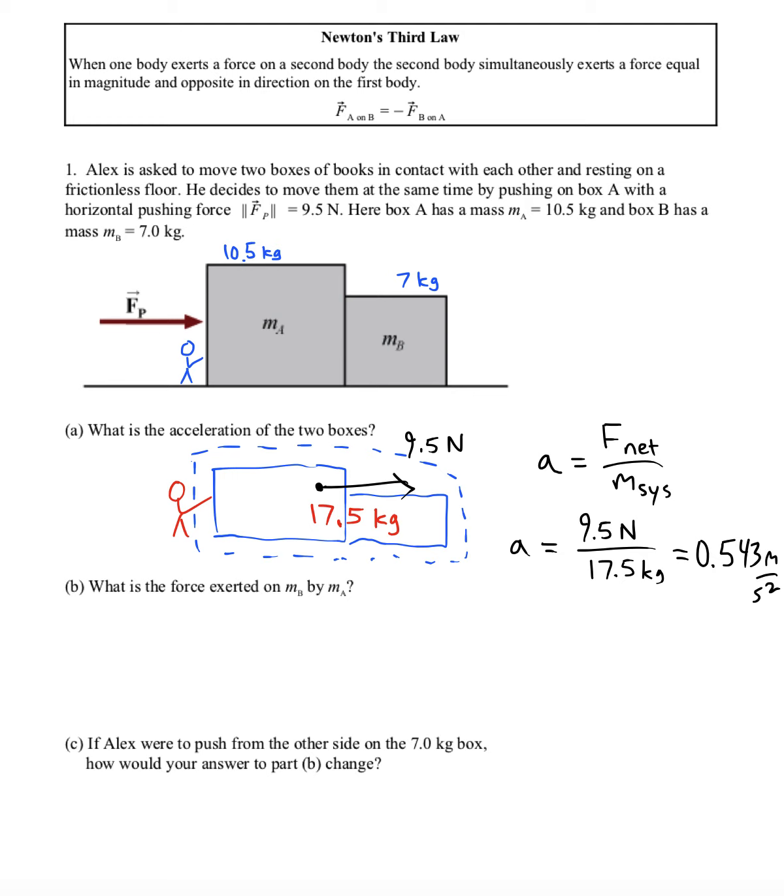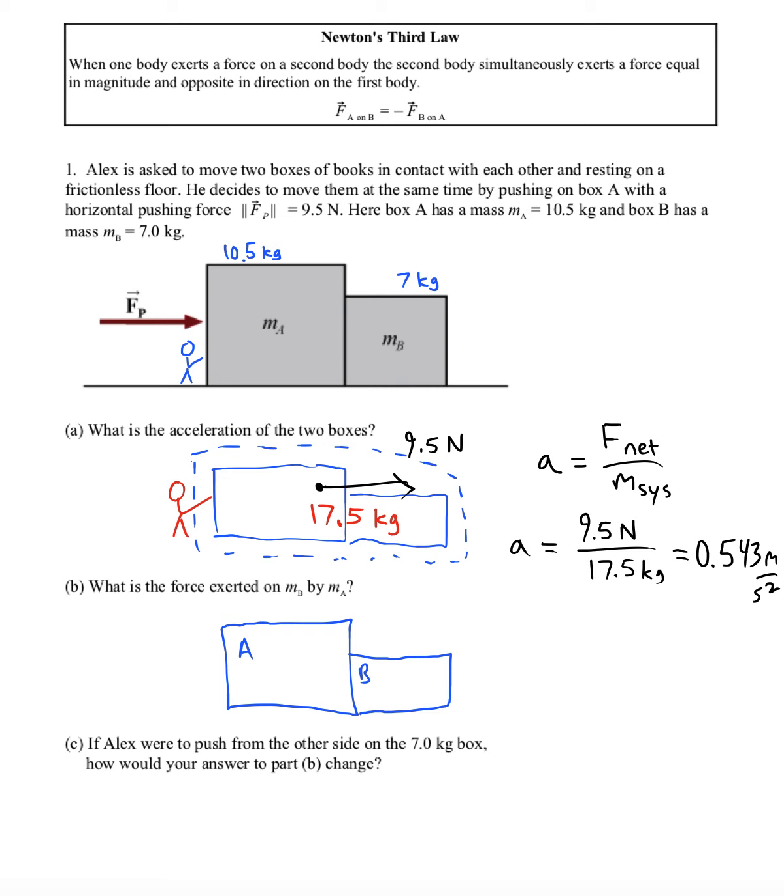Alright, now here's where it gets interesting. We're going to cut the system up into two blocks, and we'll just focus on one of them now. But the question is, which one is easier to analyze, A or B?